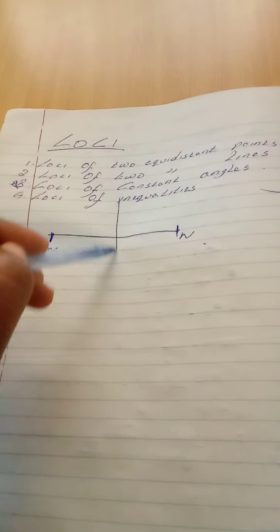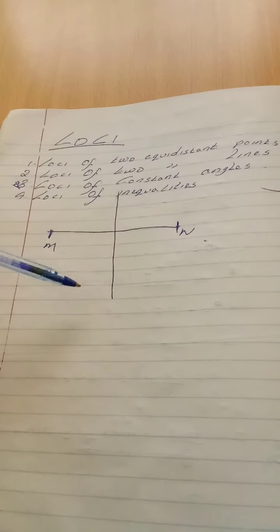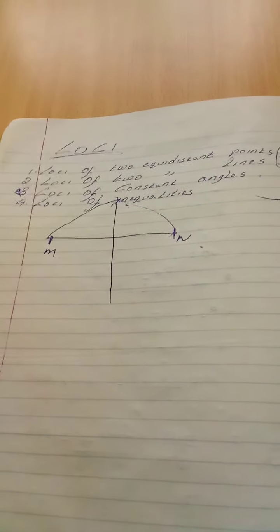If you bisect this line, any point on this line will be the same distance from M as it is from N. So this is the loci of two equidistant points.